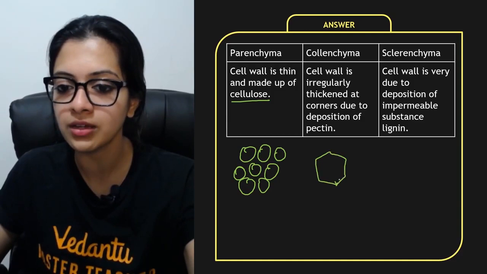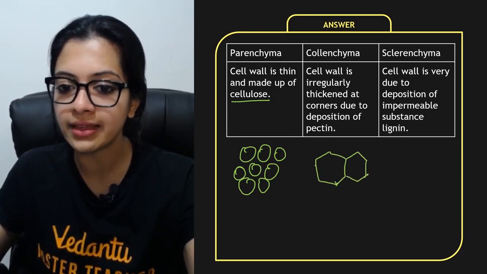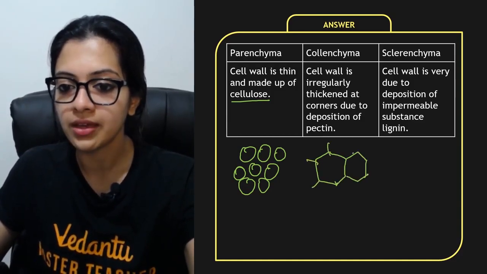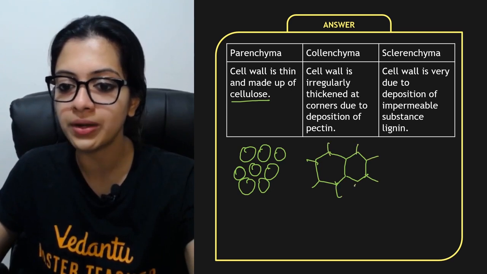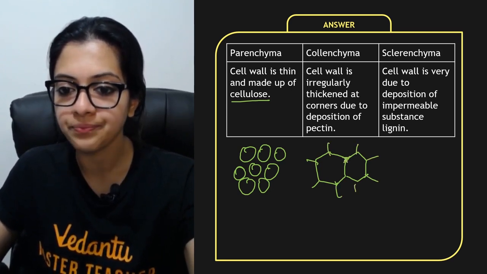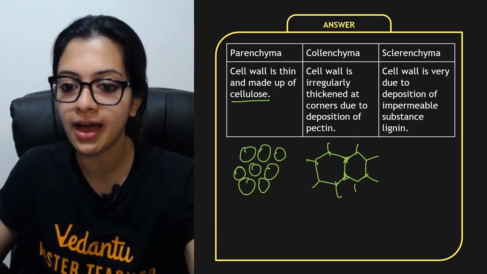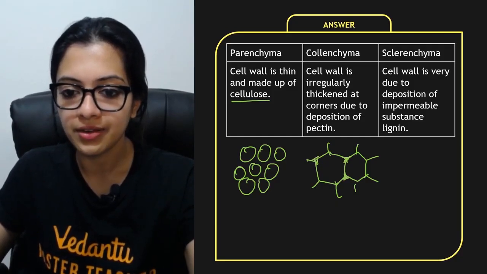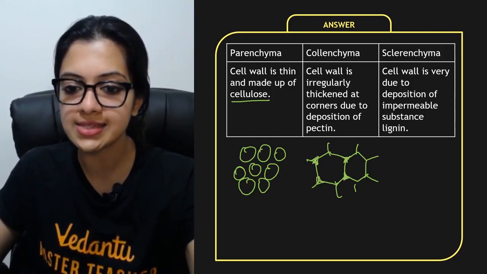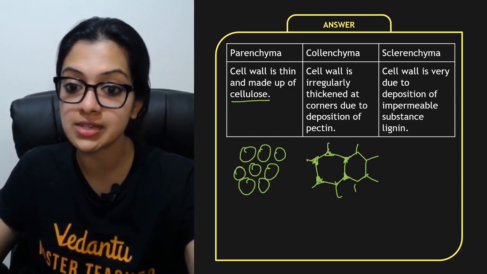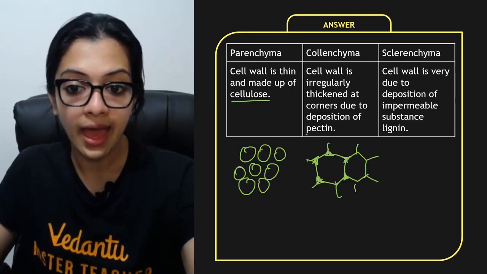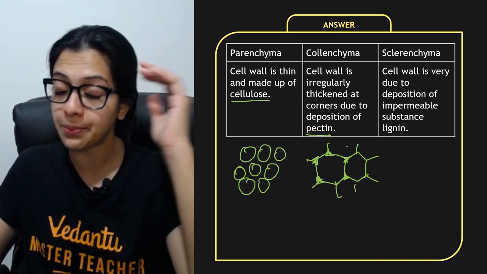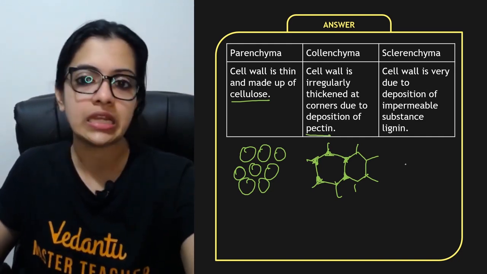In collenchyma, the thickenings are only at the corners, so the wall is unevenly thickened at the corners, with deposition of a substance called pectin.